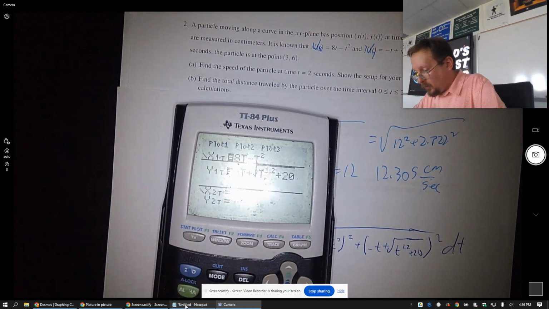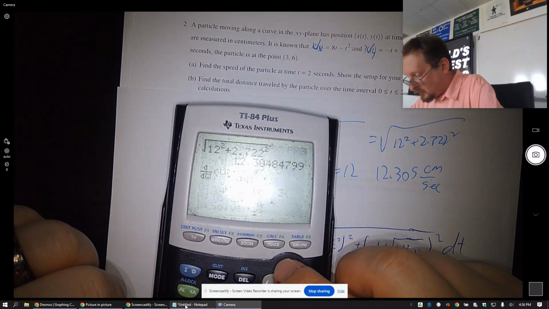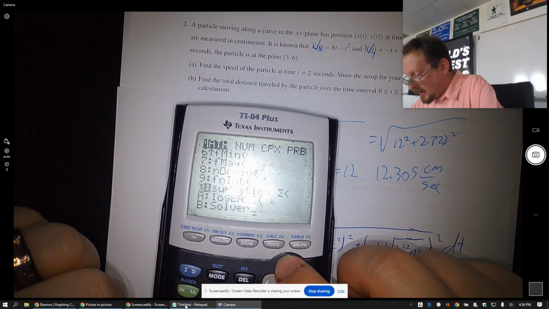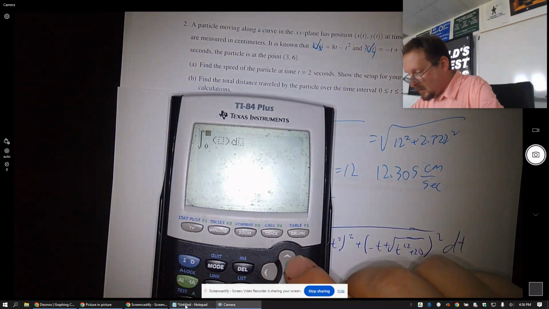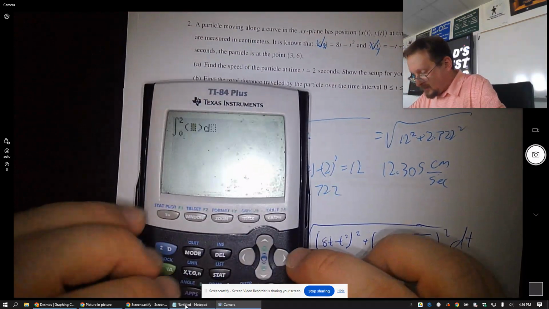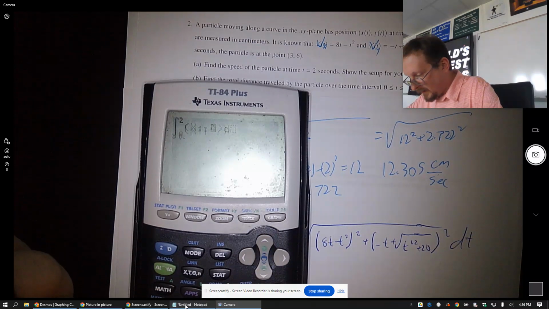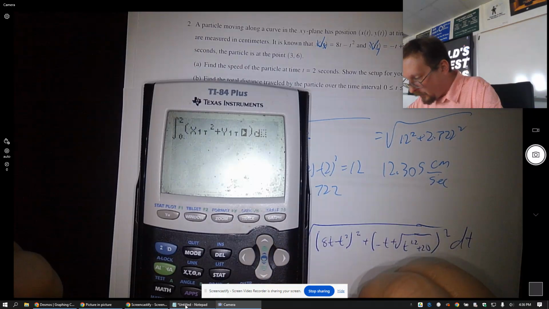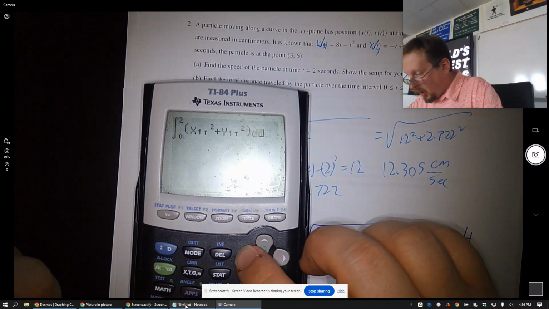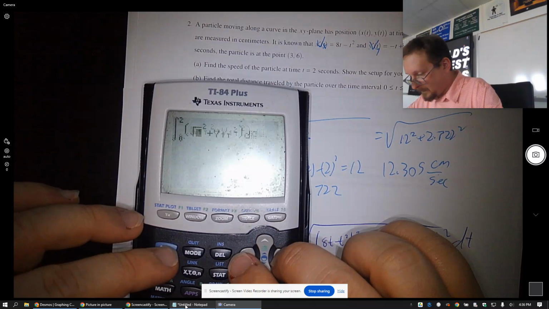Now, is there a way I can do this? Can I do it in the calculator? Let's have a look. I'm going to use numerical integration, not the numerical derivative, from 0 to 2. Then I'm going to enter Vars, Y-Vars, Parametric, x1 squared plus Vars, Y-Vars, Parametric, y1 squared. Oh, I have to take the square root of this.